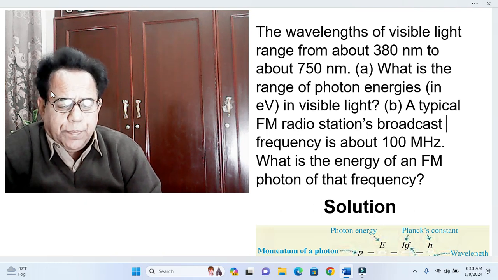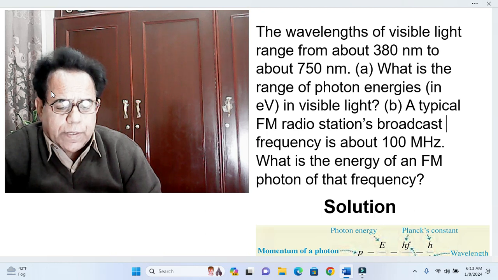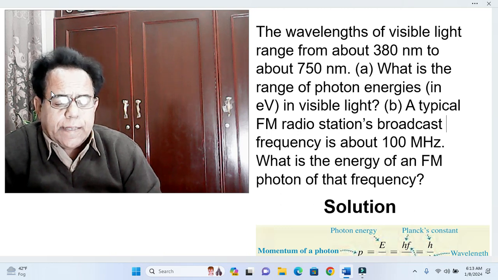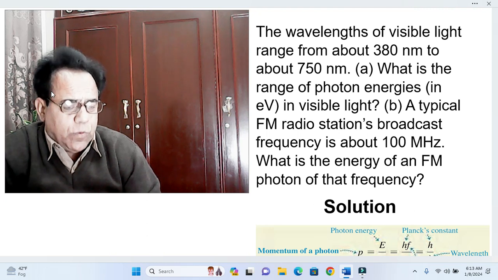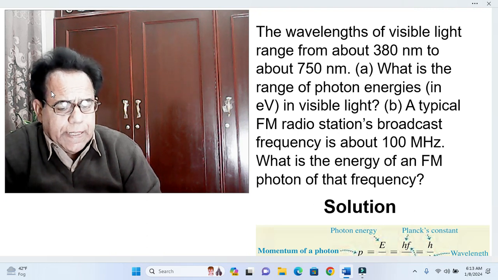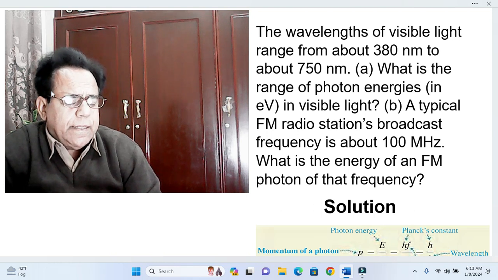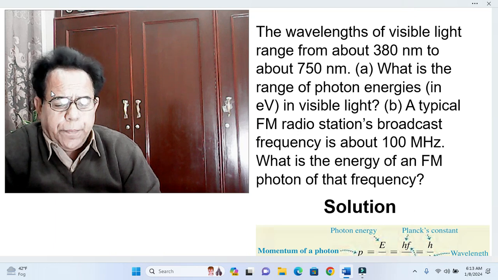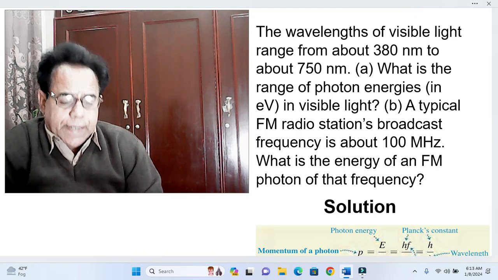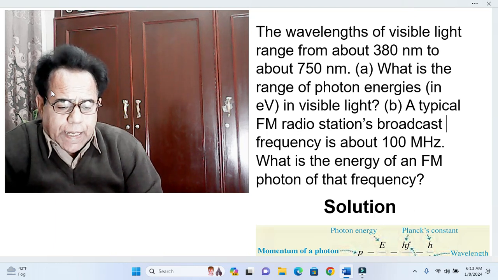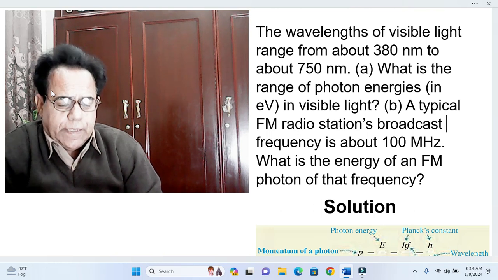Dear students, mega means 10 to power 6, while the unit hertz is 1 over second. That is to say, second and hertz are reciprocal of each other. What is the energy of an FM photon of that frequency?